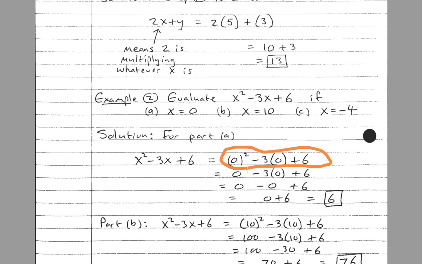And now remember those order of operations. Yeah, we had parentheses, but nothing to do in the parentheses. So next it's exponents. So we'll take care of this exponent first. 0 to the power 2, that's just 0 times 0. So that's 0.